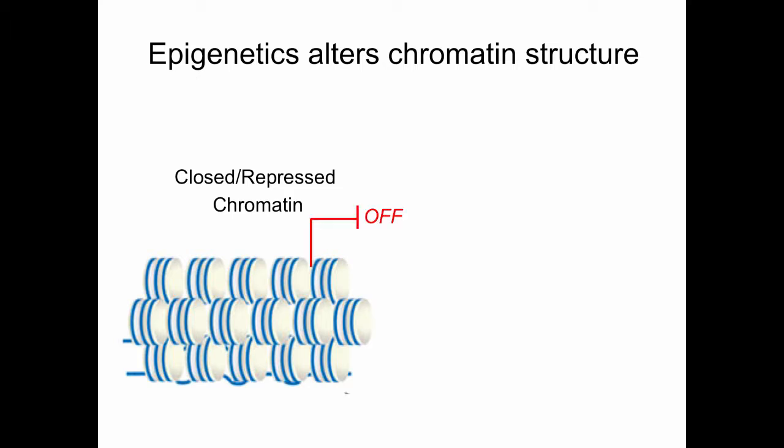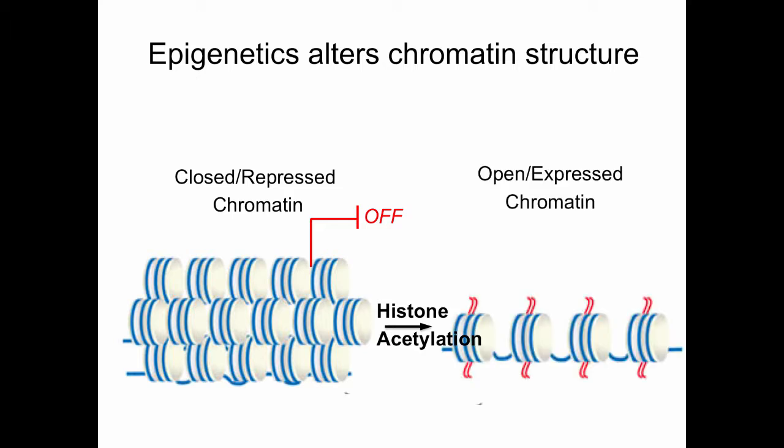So an epigenetic event, such as the acetylation of lysine, can actually cause the chromatin to decondense and to have more of an open, active conformation, which then the transcriptional machinery will be able to better access the DNA and then turn that gene back on.